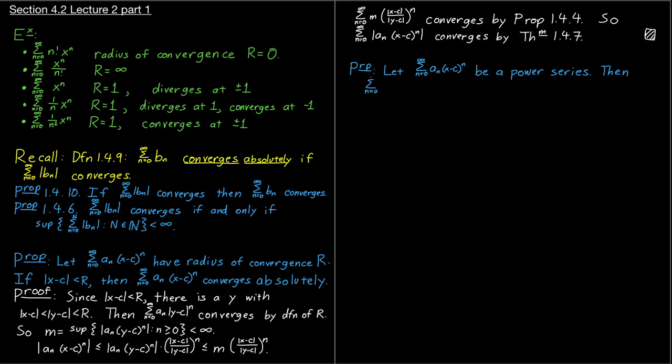You can write it in a couple of different ways: the sum of n a_n (x - c)^(n-1).